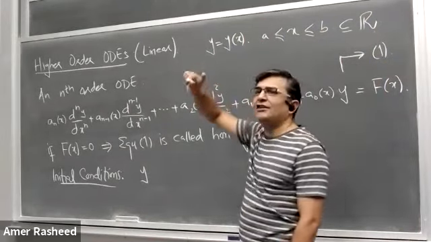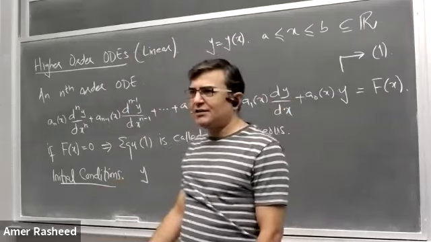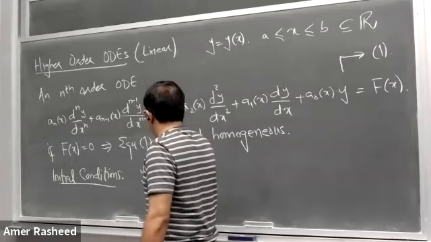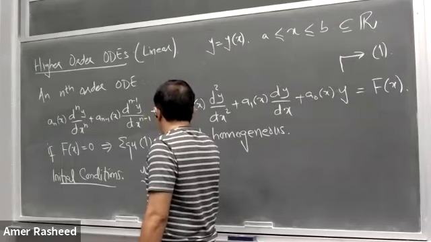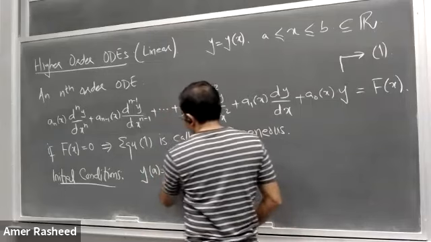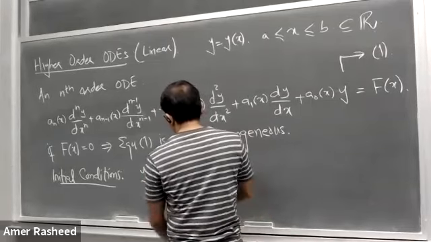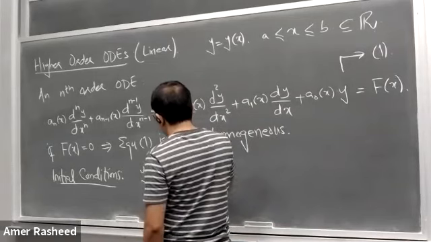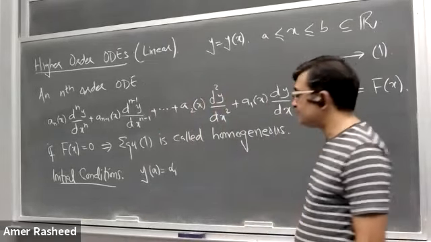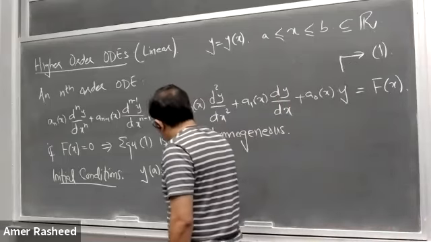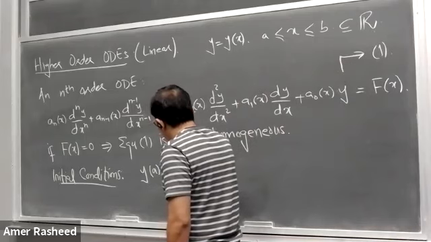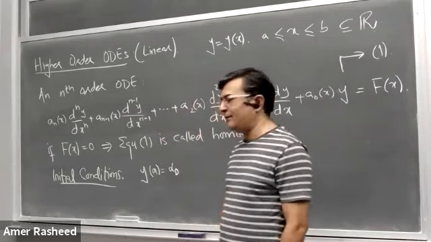So all the initial conditions should be at the initial value. The first initial condition could be y of a is equal to some alpha, and since there is no derivative here, we can start with 0, so that the notations remain compatible.